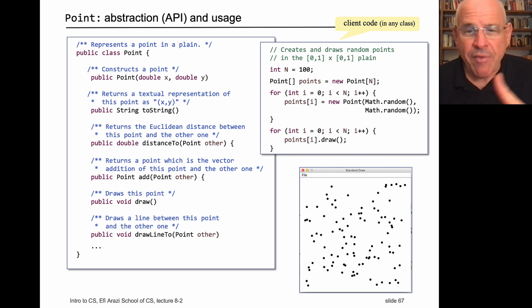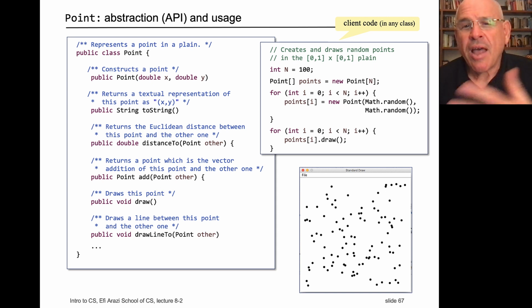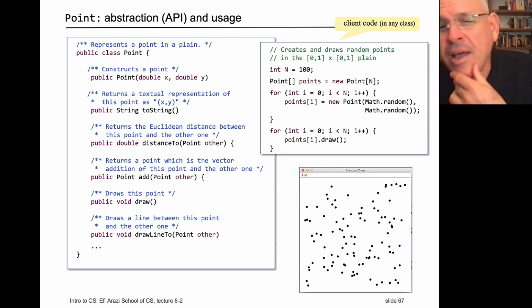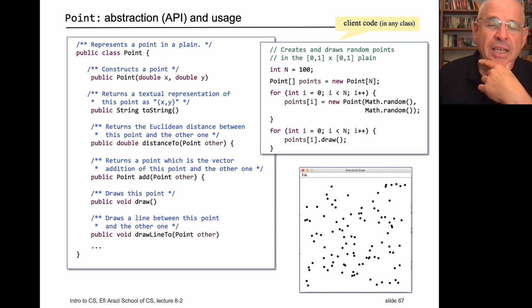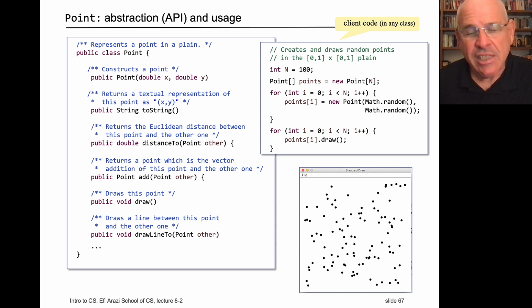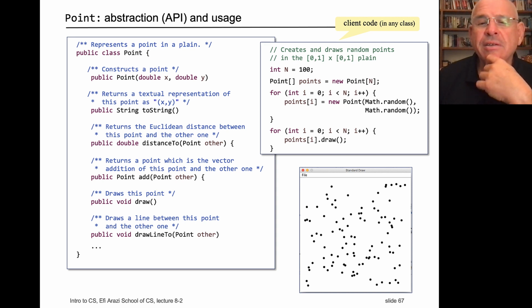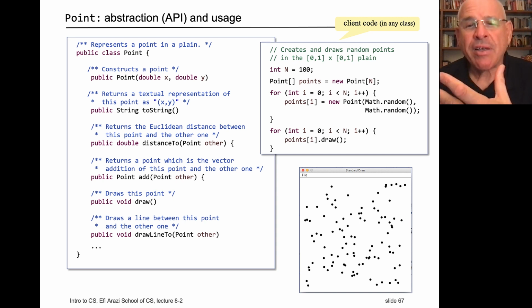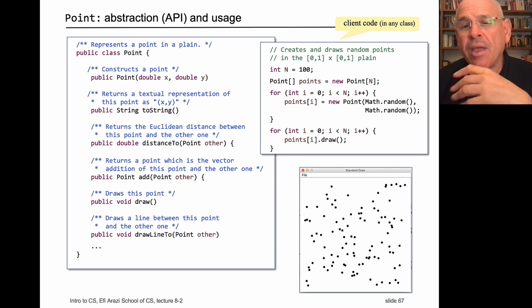Now, as usual, I'm giving you the code. You can play with this. You can create an array of 1,000 or 100,000 random points. This is another nice way to check the validity of Java's Math.random.